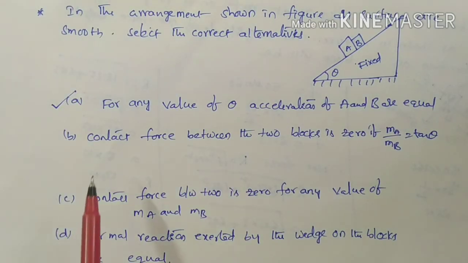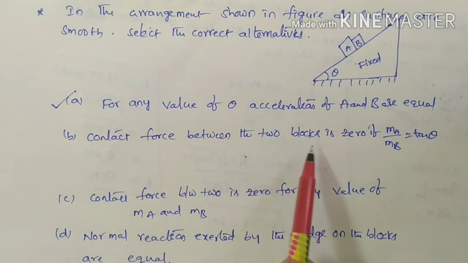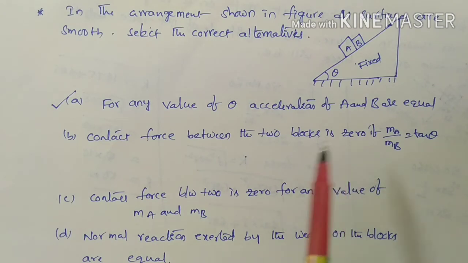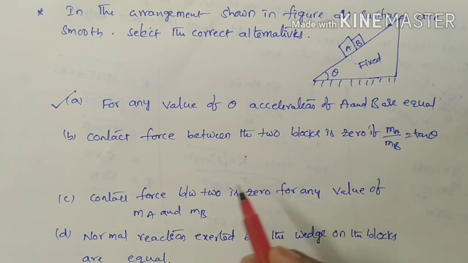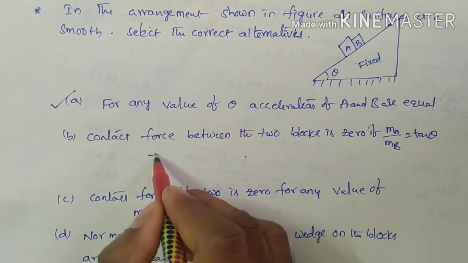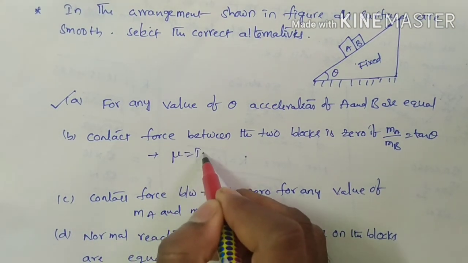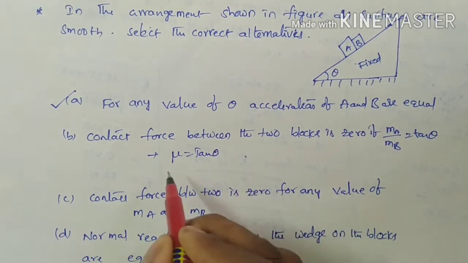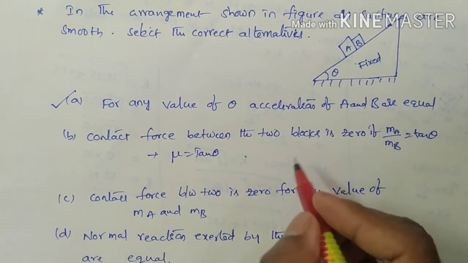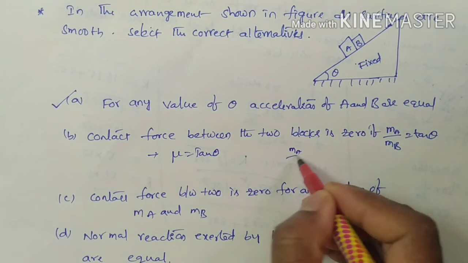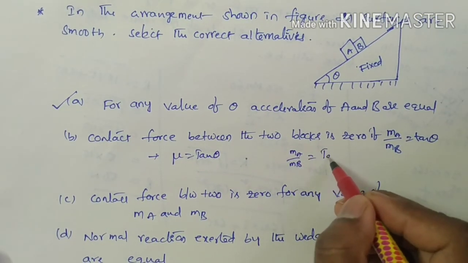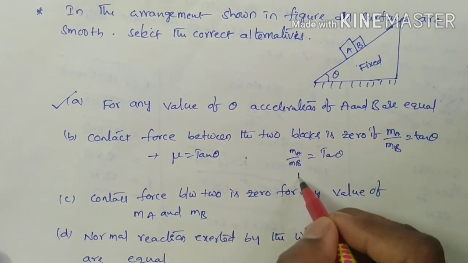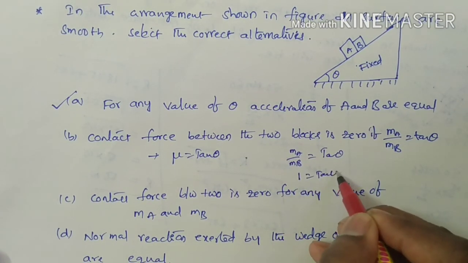Next one. The contact force between the two blocks is 0 if MA by MB is equal to tan theta. So there is one formula: mu is equal to tan theta. If these two masses are equal, MA by MB is 1, and so 1 is equal to tan theta.